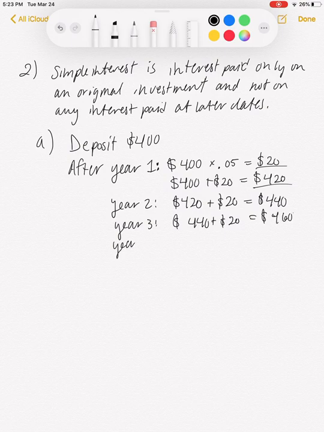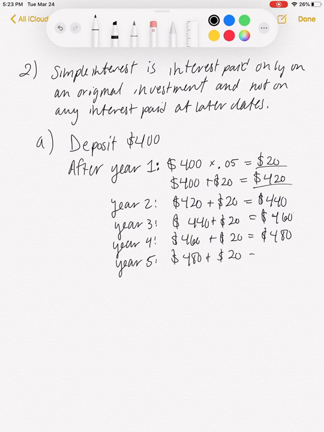After year 4, we have $460. We add on another $20 of simple interest and get $480. After year 5, we have $480. We add on the $20, and then we'll have $500. So after year 5, with the simple interest account, we will have $500.